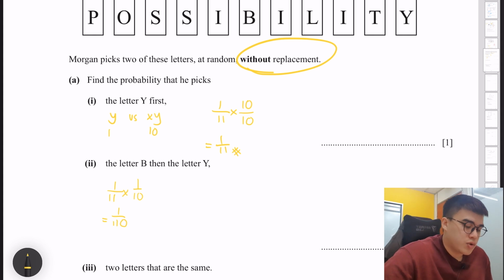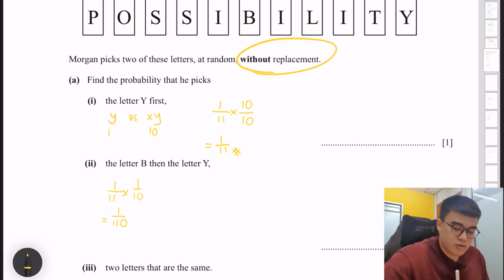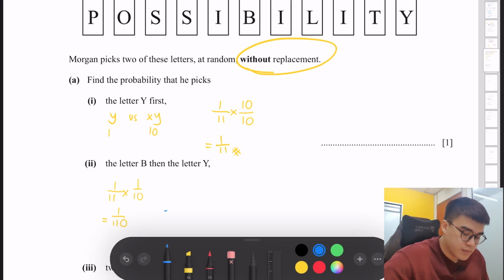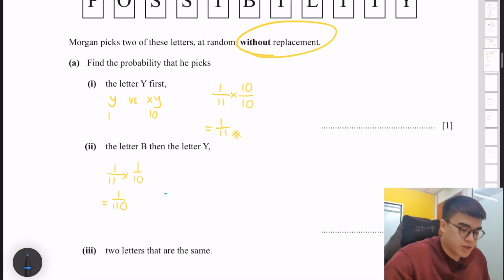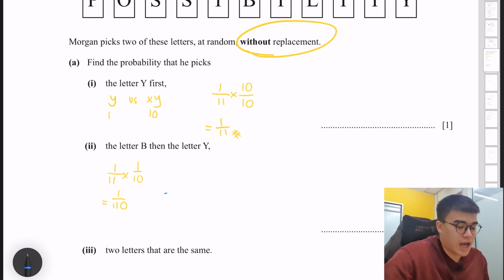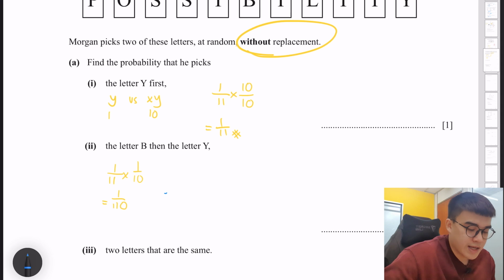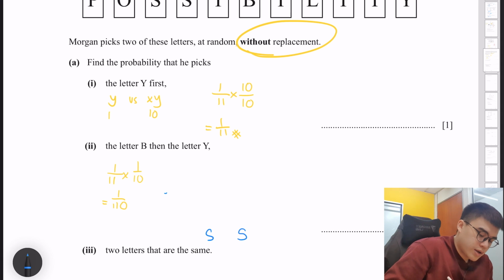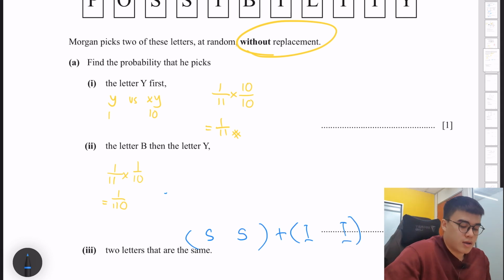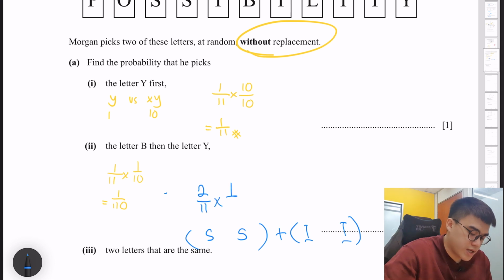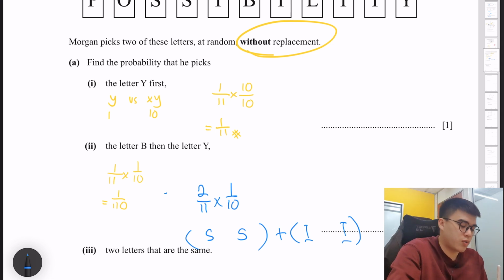For the next part, for two letters to be the same, the options are kind of limited. It's either both are S, or both are I. Let's say I do the S one first, adding up with I and I. The answer will go by 2 over 11 times 1 over 10, and the other one will be 3 over 11 times 2 over 10.